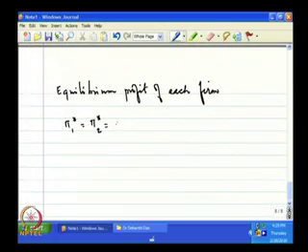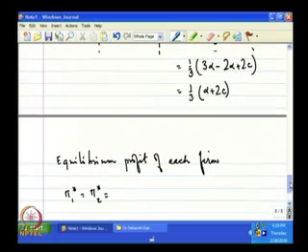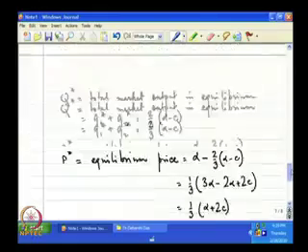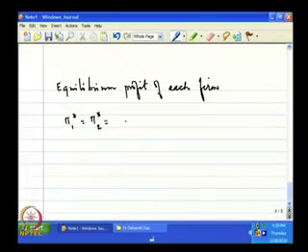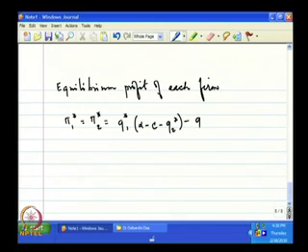We can use the result that we had derived before, the profit function, which is q1 star multiplied by (alpha minus c minus q2 star) minus q1 star square.